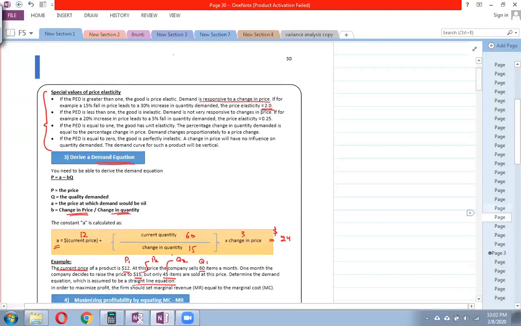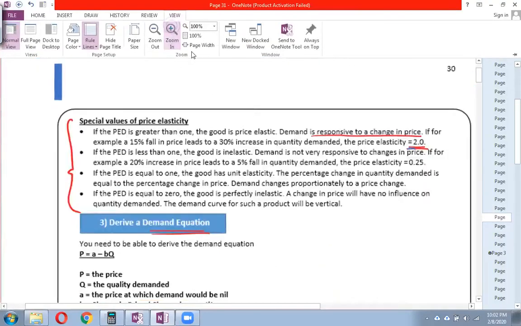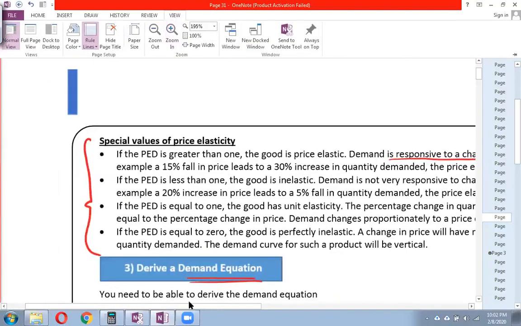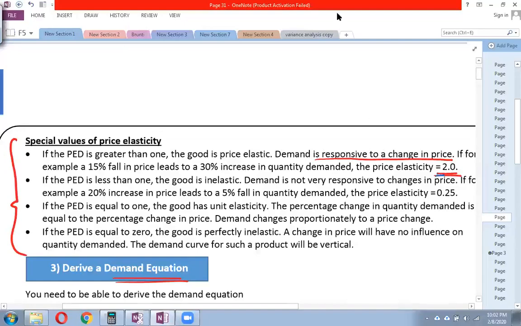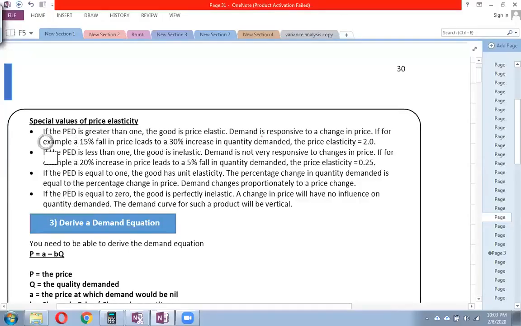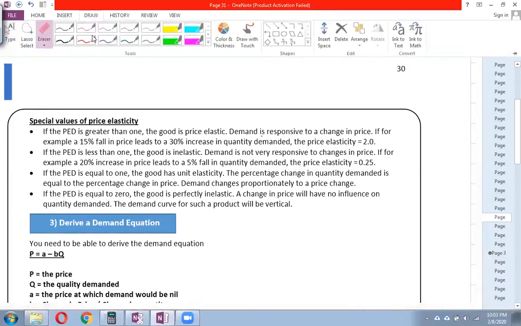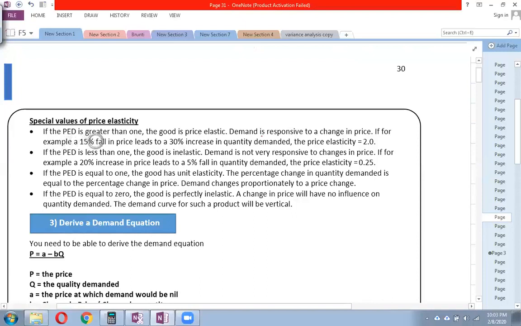Now, the same kind of argument is actually given to us on the next page. If you can see these 4 points, this will actually have the answer of your question. So we have already discussed it, but let's read it. Price elasticity of demand greater than 1 means elastic product. Demand is responsive to change. If you reduce the price, demand will increase.